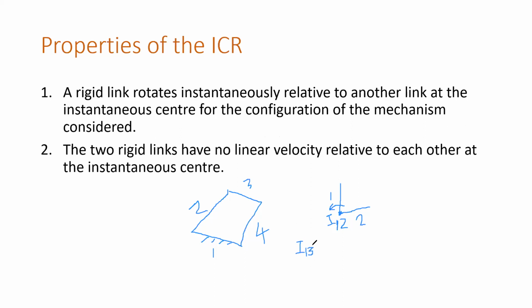There are two velocities, one linear and one angular. Angular means circular, rotational. So at this point, the motion between the two links is purely rotational, and therefore there will not be any linear velocity. When we solve examples, you will find it very simple. Just a few points you need to remember.